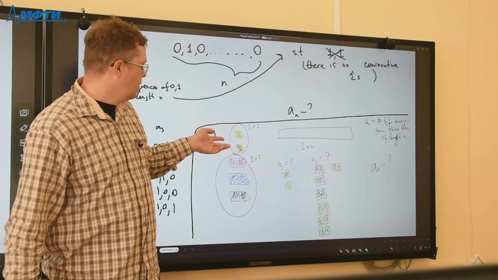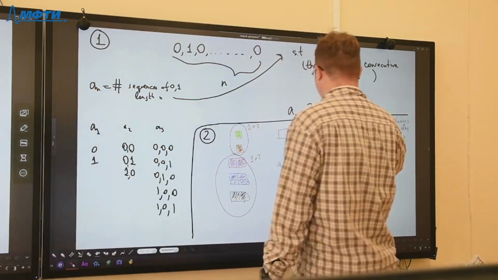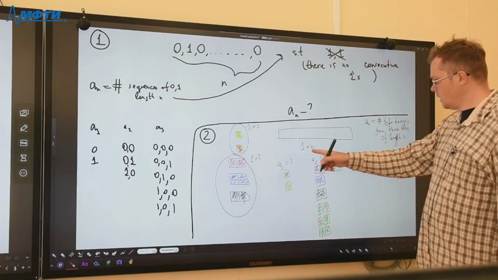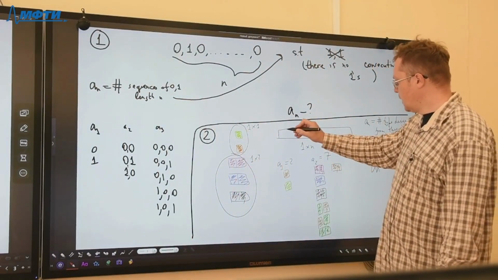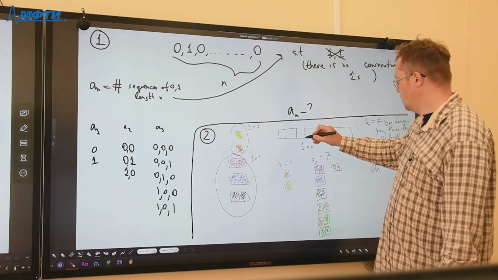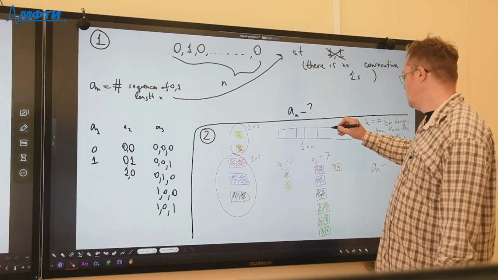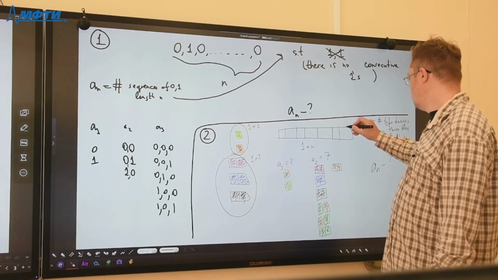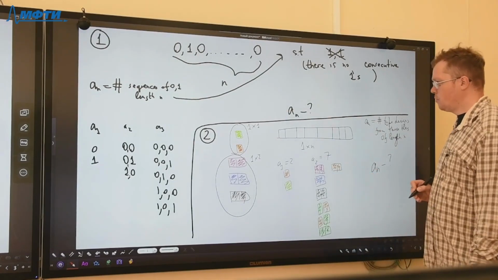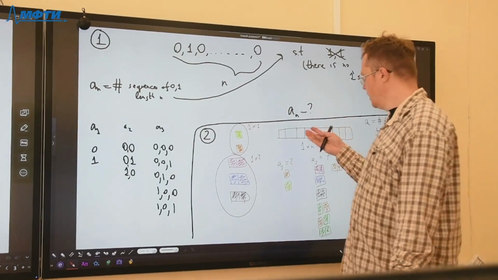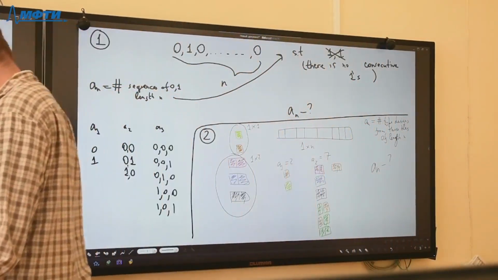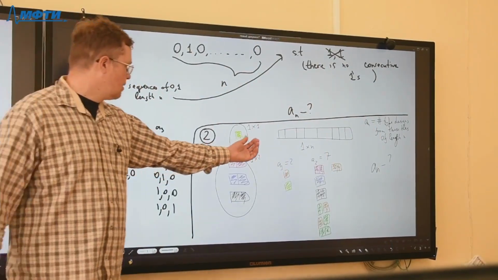So if I have 1 times n, firstly I want to partition this into types of tiles.